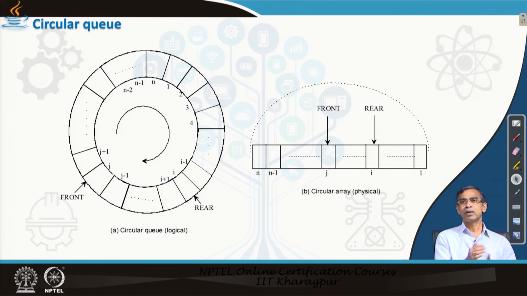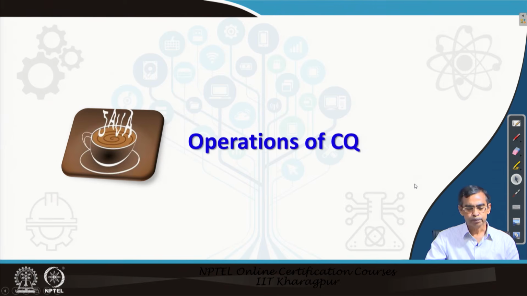The only thing is that the movement of pointers needs to be taken care of: in which direction they can move, how many elements there are, and the current locations of front and rear. If you follow these systematically, your programming becomes much easier. So this is the concept of the circular queue.